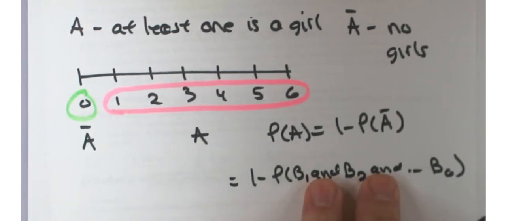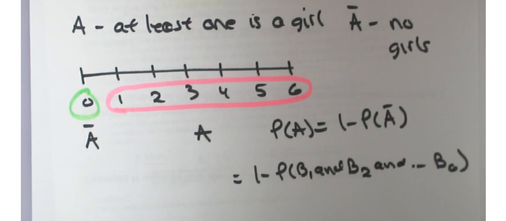Presumably, this would be sampling without replacement, which makes it dependent events. So at this point, I'd have to think a little bit.